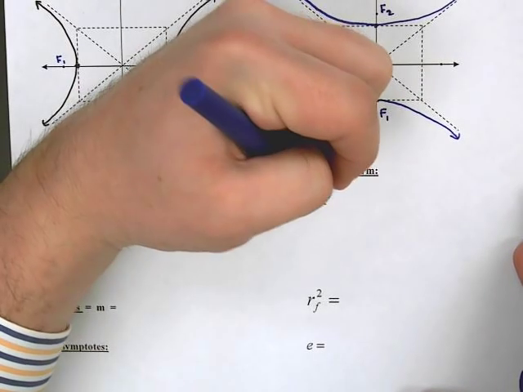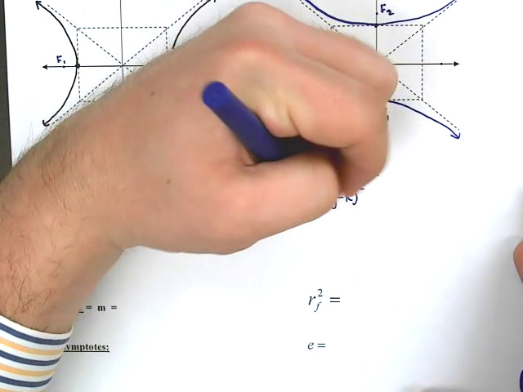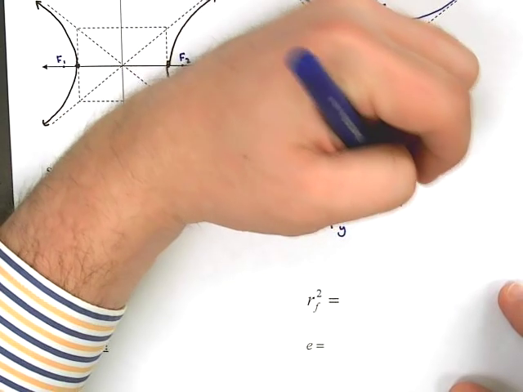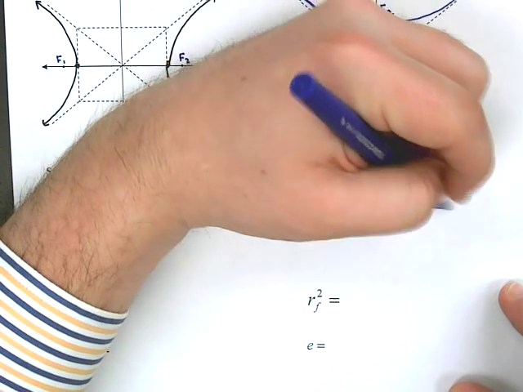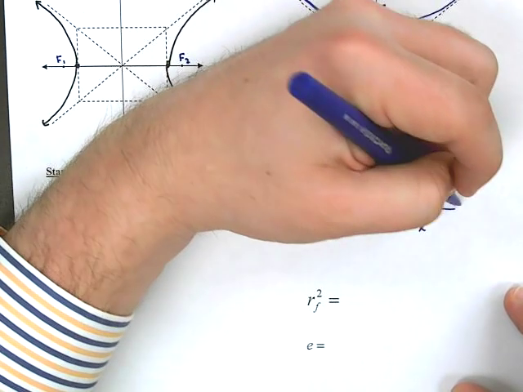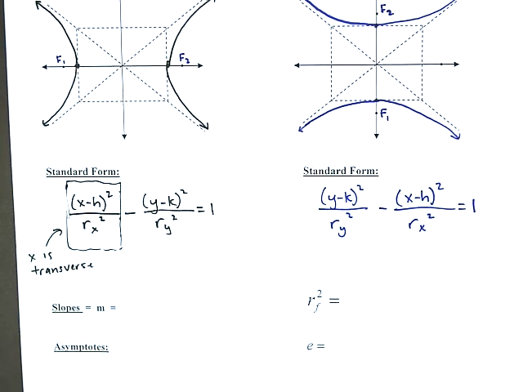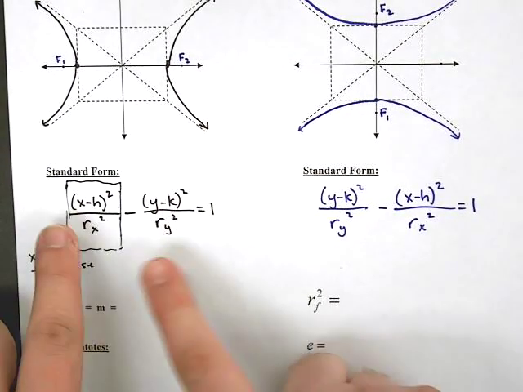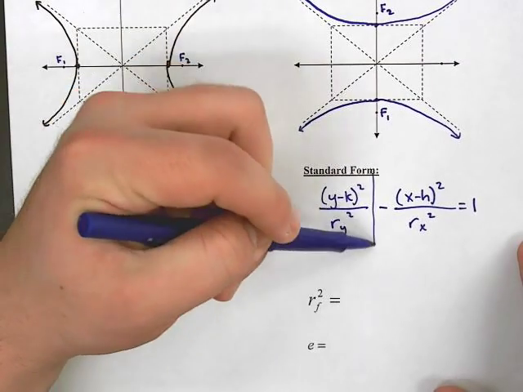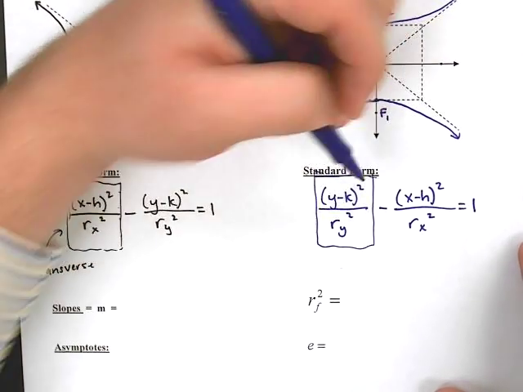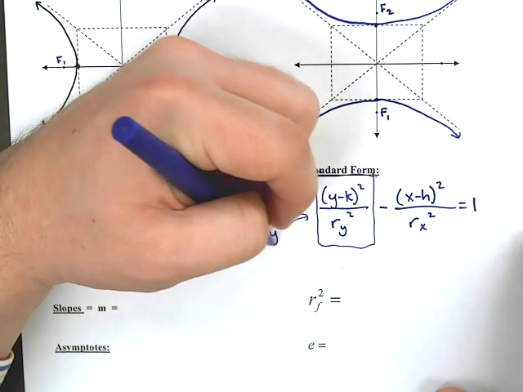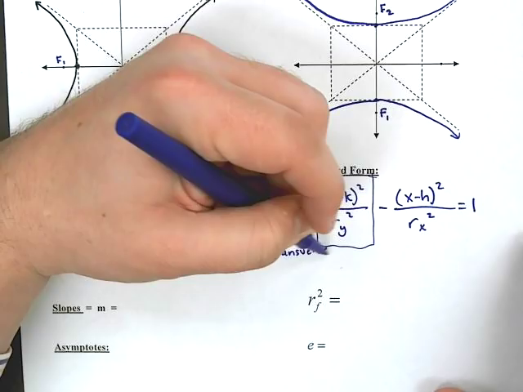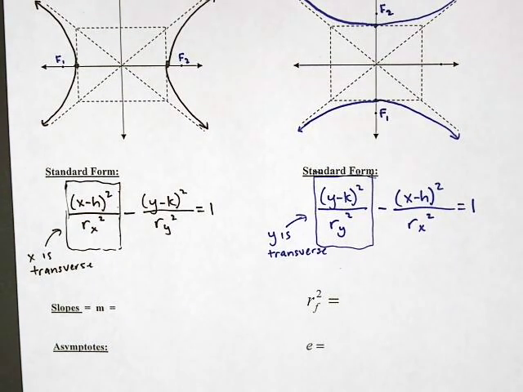Now we have y minus k squared over r sub y squared, minus x minus h squared over r sub x squared, and that's still equal to 1. The only thing that's different between these two is the placement of the y and the x. So now we know that y is transverse.